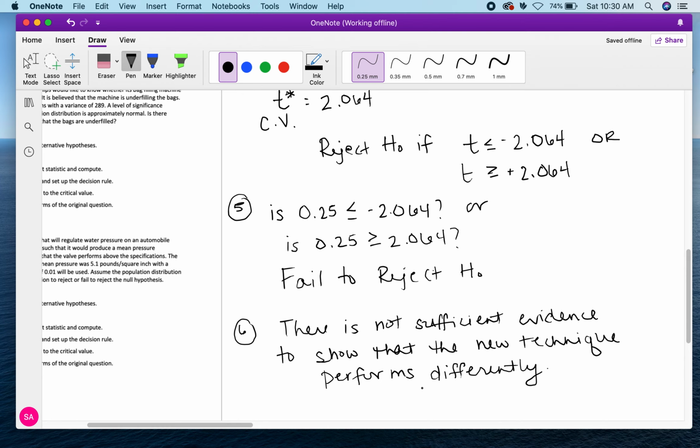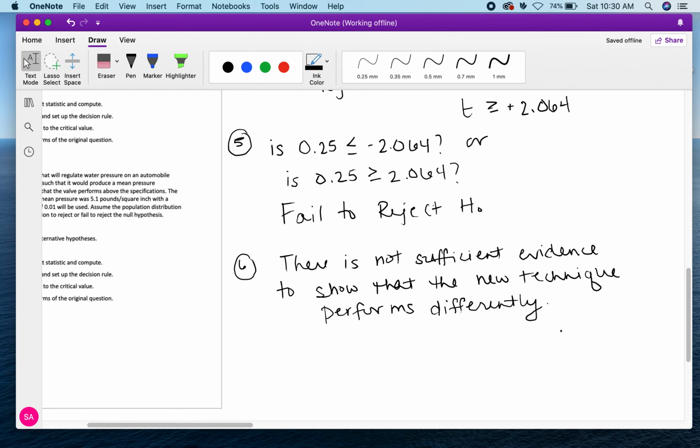And there we go. That is the conclusion of our hypothesis test. And that was a two-tailed hypothesis test using the T statistic.